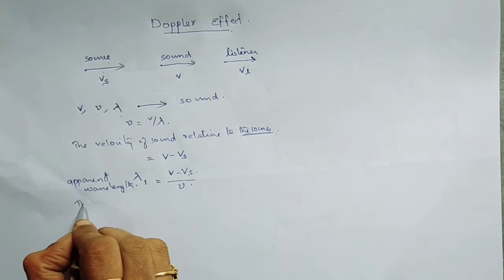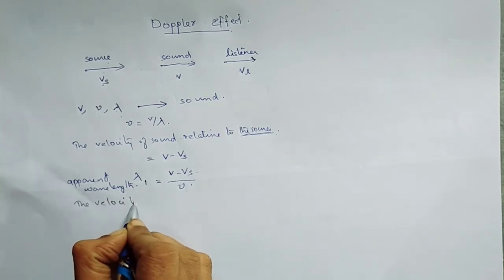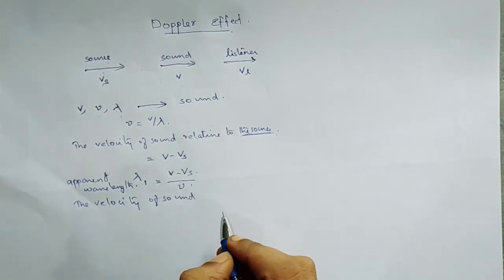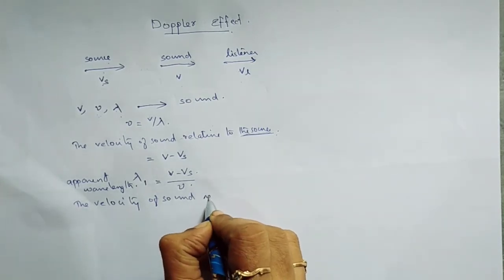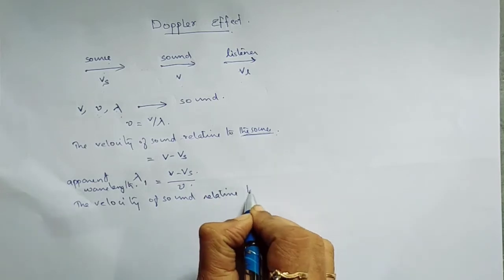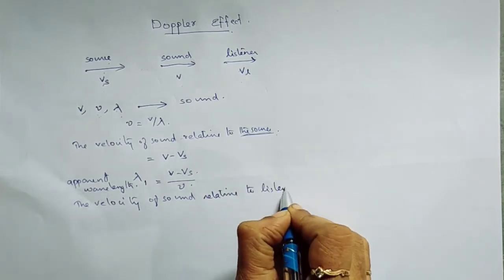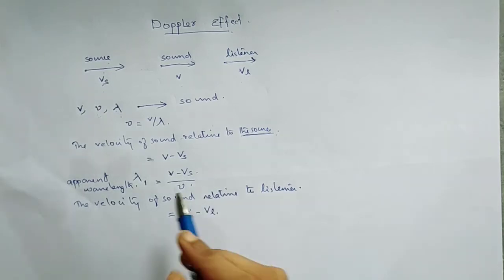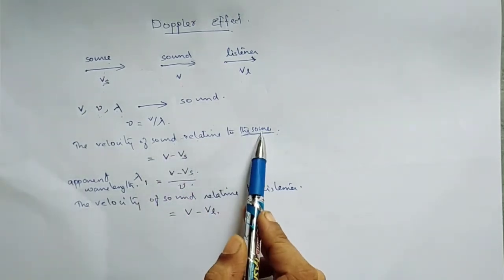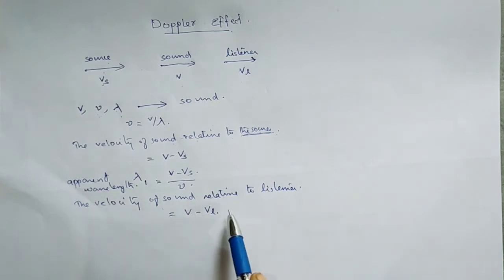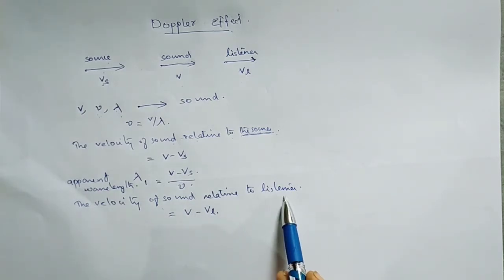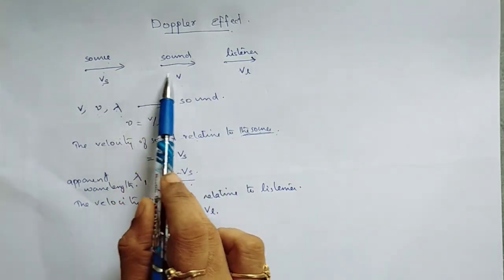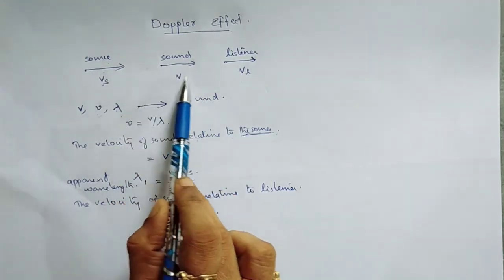Now the velocity of sound wave relative to the listener is v minus vl. This is the velocity of sound relative to the source, and this is the velocity relative to the listener. Here source and listener are moving in the same direction.